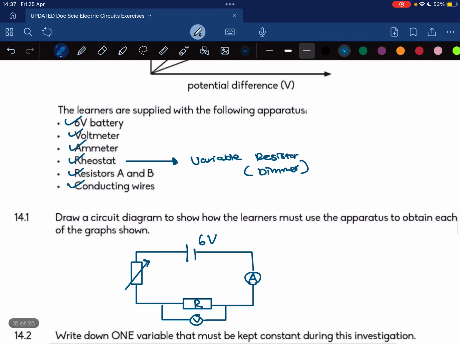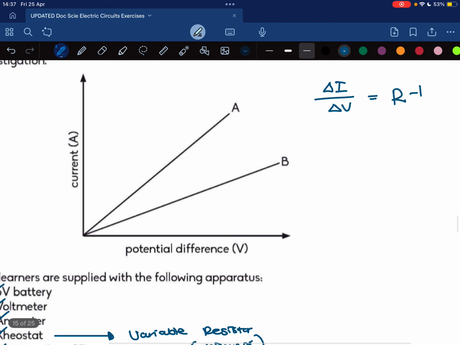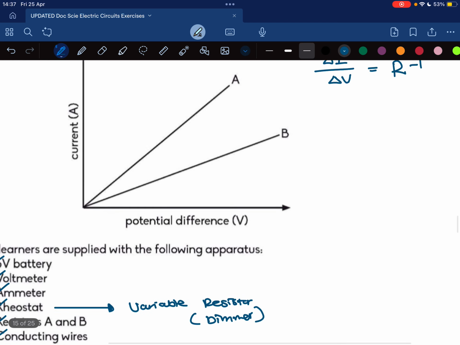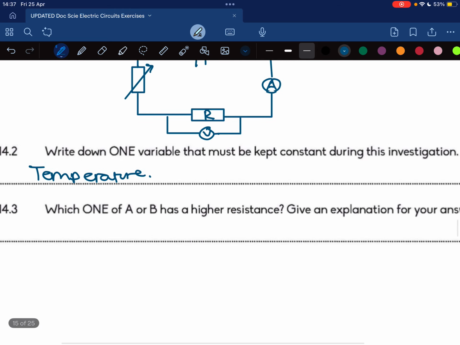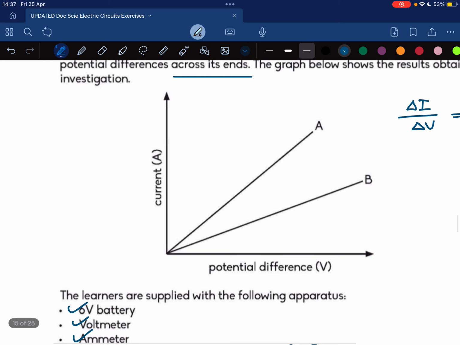But remember that this is current over potential difference, which is the inverse of R. So it is not the gradient for R, but rather it is the gradient for the inverse of R. So that's very important.